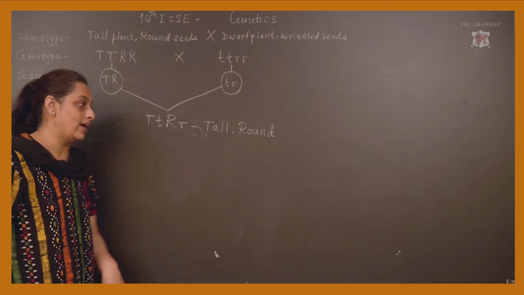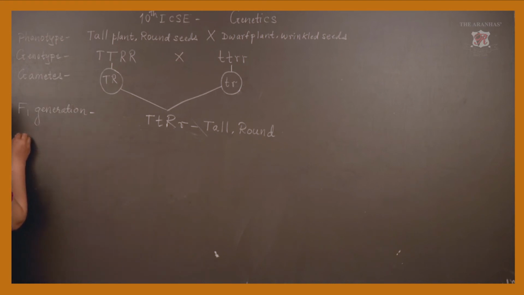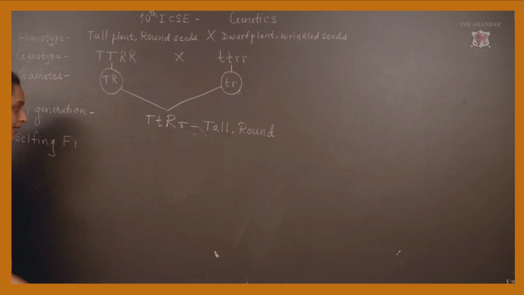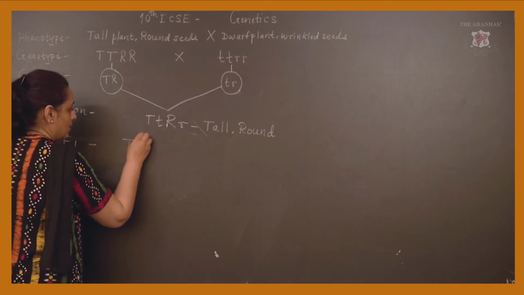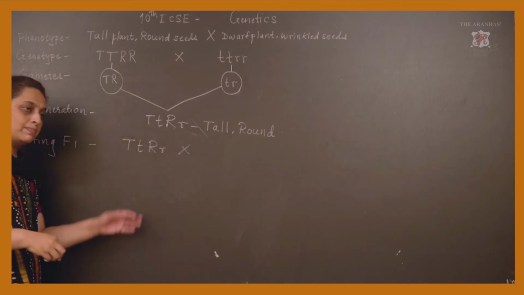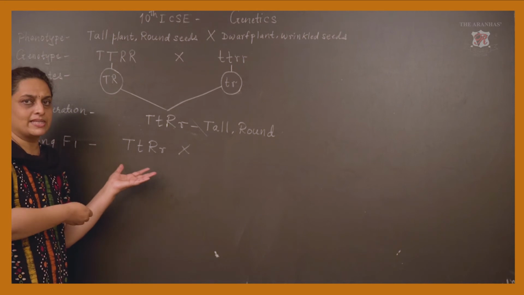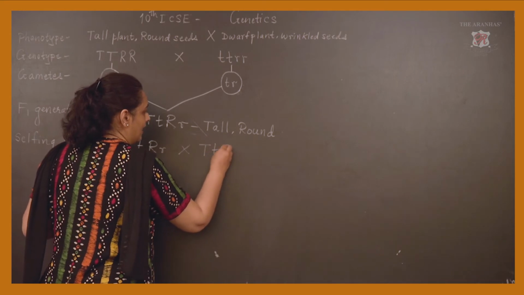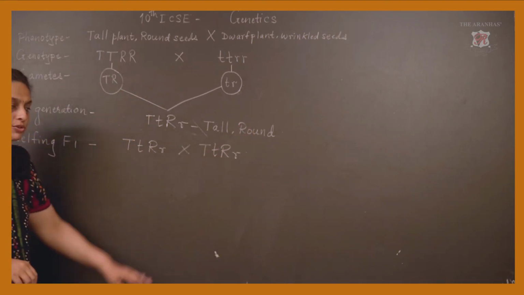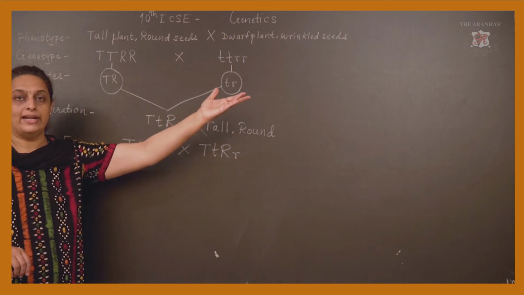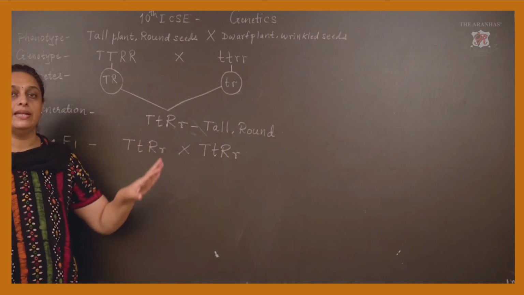Now we have to write F2 generation. But how do we obtain F2 generation? By selfing F1 generation. So I am writing that selfing F1 generation step. Sometimes people write it or sometimes people skip this particular step. But I suggest that students should write this step so that in your next step of writing F2 generation, you won't make any mistake.